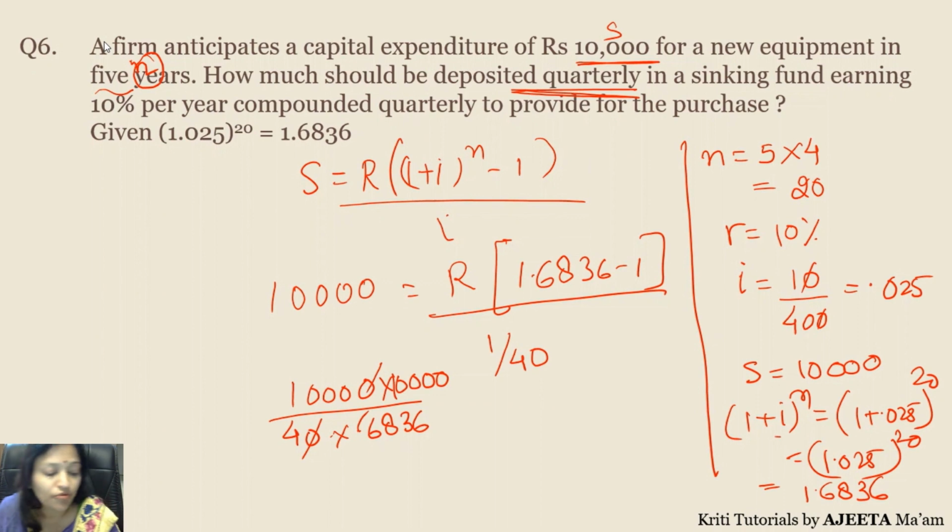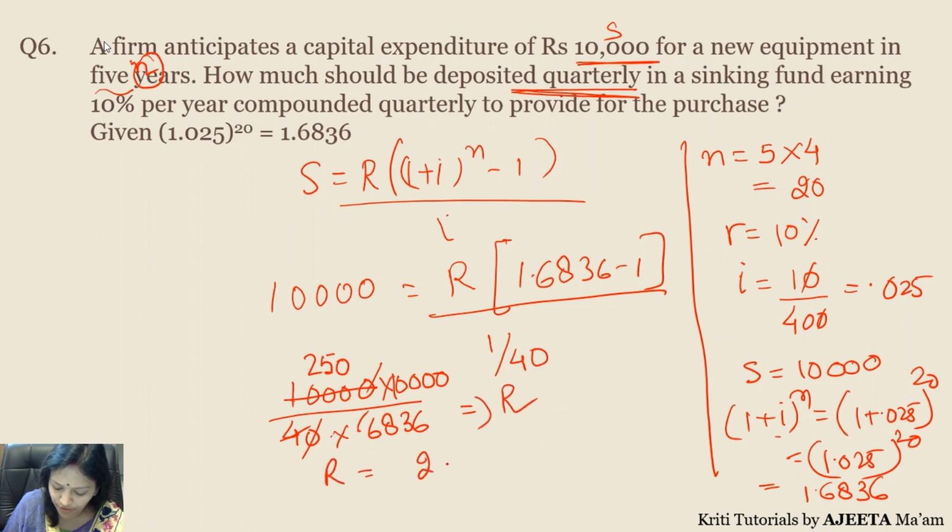Now, if you want to divide, we can divide it and reduce it. So now if I do it, we get 250. This is the value of R. So for R, we have 1, 2, 5, 0 and 4 zeros more, upon 6836.